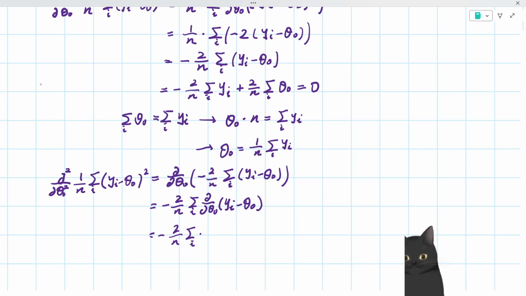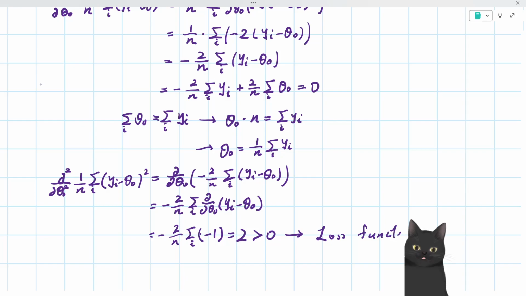So I sum negative 1 n times, and then I multiply it by negative 2 over n. What this means is that the second order derivative is equal to 2, and this is always larger than 0. So what this tells us about our loss function is that the loss function is convex. And not only that, we also learned that the critical point we found is a minimum.